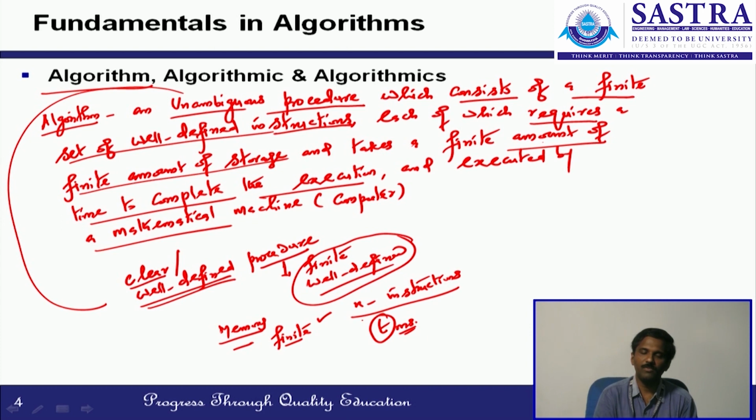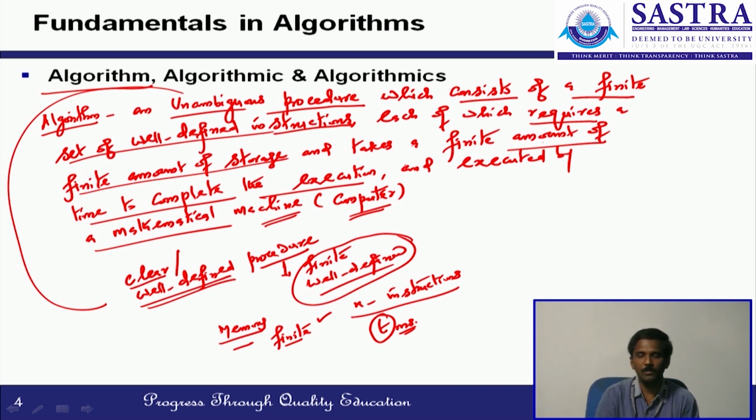So the finite well-defined instructions require a finite amount of storage and a finite amount of computational time. And these well-defined instructions are going to be executed by a mathematical machine such as a computer. This is the complete definition of the term algorithm.